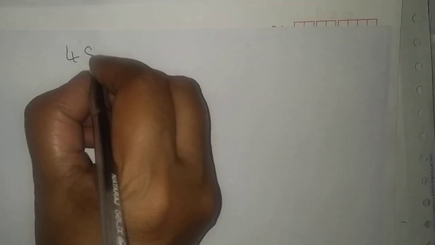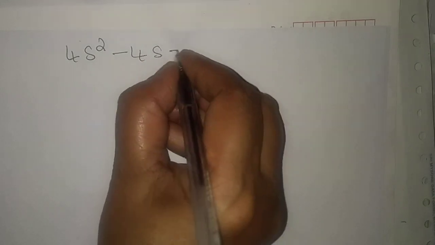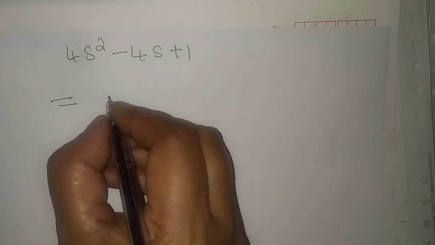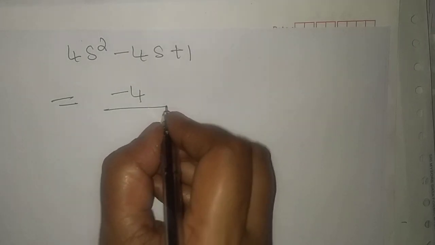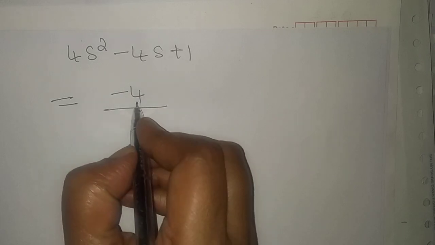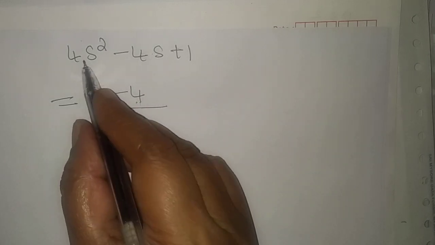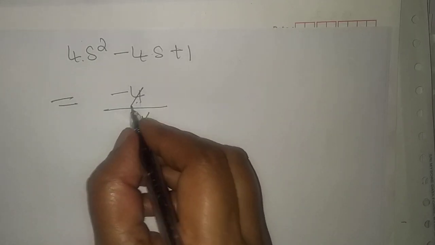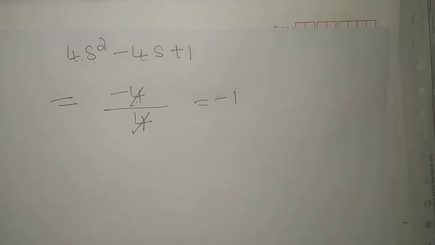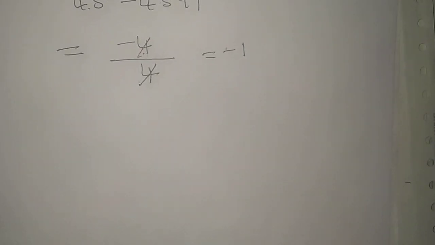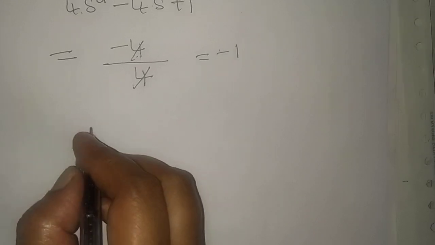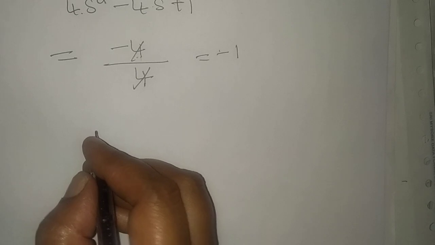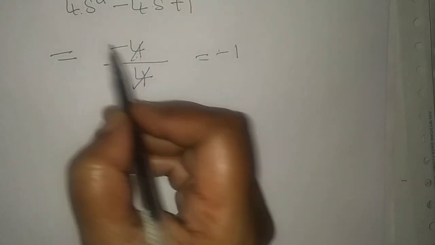The equation is 4s square minus 4s plus 1. So substitute: coefficient of x is minus 4, and coefficient of x square is 4. Cancel this, we'll get minus 1 by minus 1, okay.